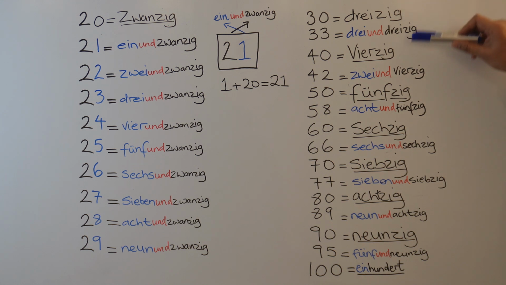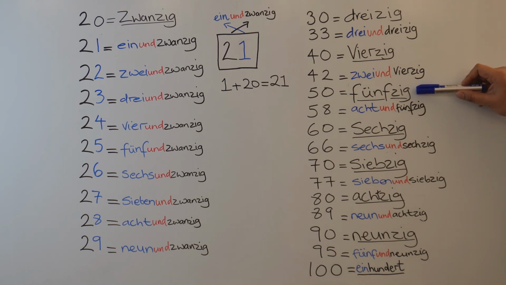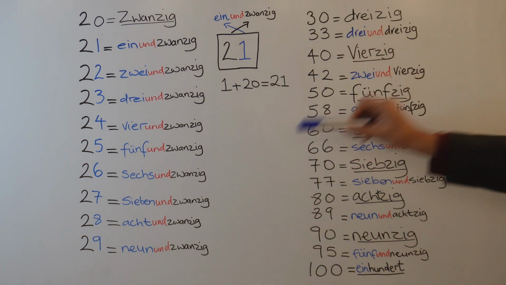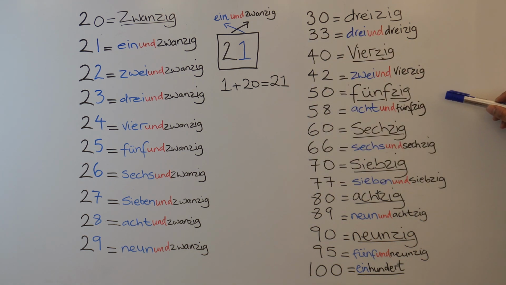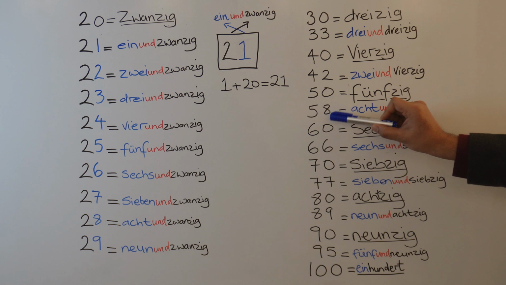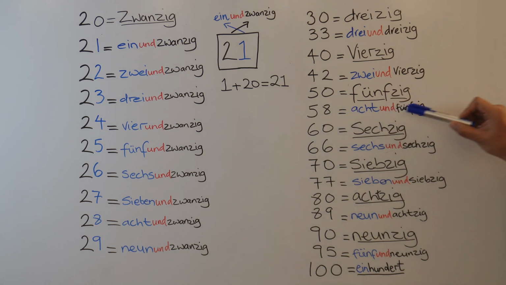So 30, 40, 50. And then for 51, the same principle will apply. 51, 52, 53, 54, 55, 56, 57, 58.